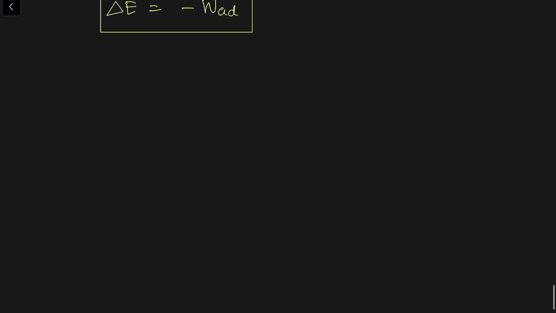Now we need to consider the energy accounting for closed systems. For closed systems, we can say that del E, which is the change in energy, is equal to the net energy transfer in and out across the system boundary of a closed system, which can be either in the form of heat or in the form of work.